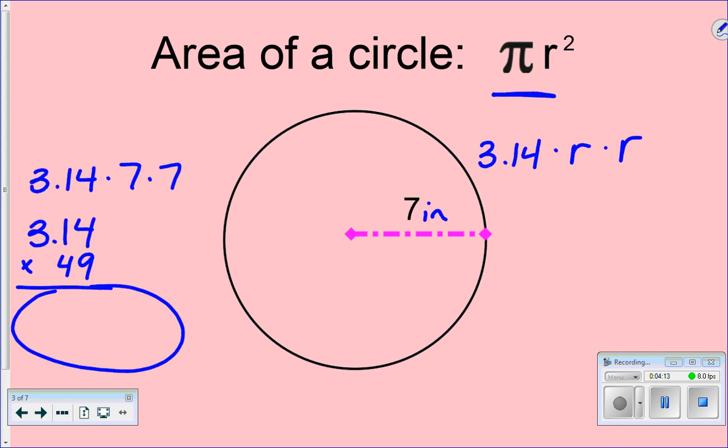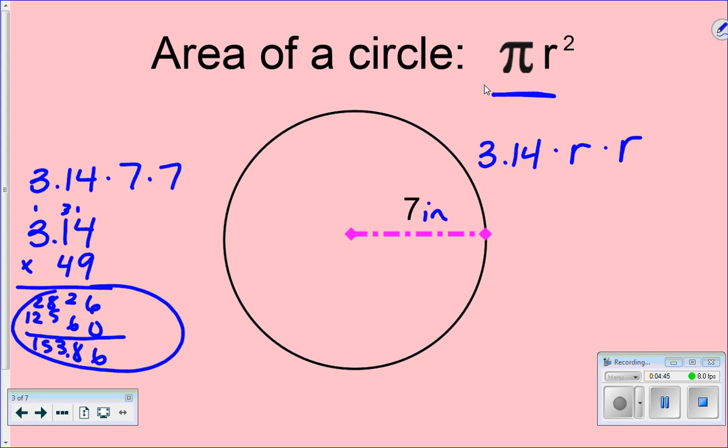So you're going to have to figure out a good way to keep stuff in a line. I got 153.86. That's what I got.